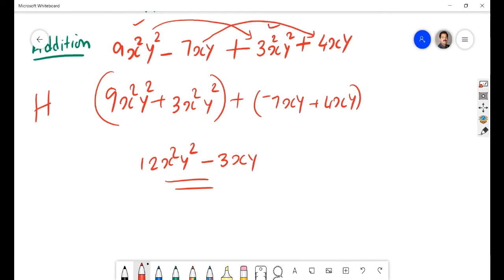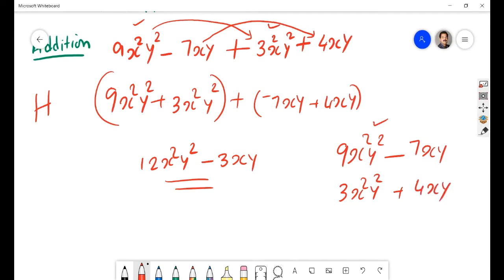There is another way of doing the same. You can simply put 9x square y square minus 7xy, and put the same like terms below this, that is 3x square y square below this, and the second term 4xy below this. We call this a vertical arrangement, and the operation is addition. I think this is more practical because all sign convention and everything can be properly followed.